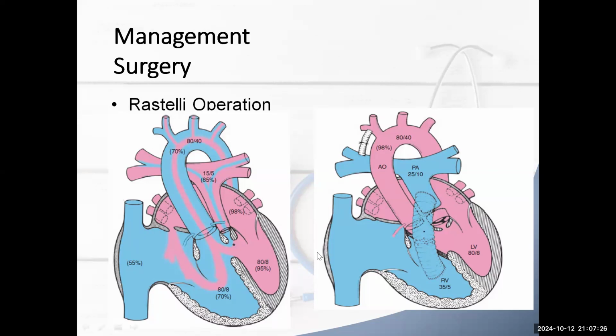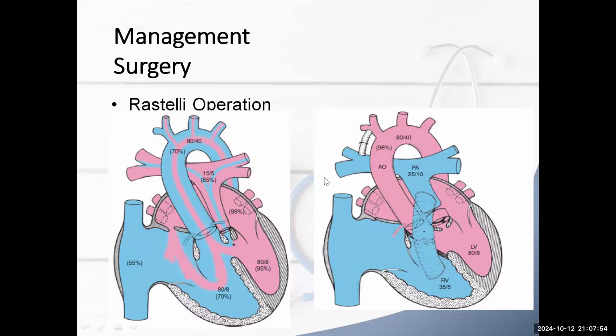What's Rastelli? Rastelli is closing the VSD with a big patch and a tunnel, which makes the aorta come from the LV, like this black patch. And it makes an RV to pulmonary conduit from the RV to the pulmonary artery.